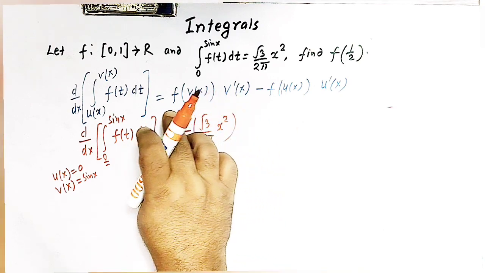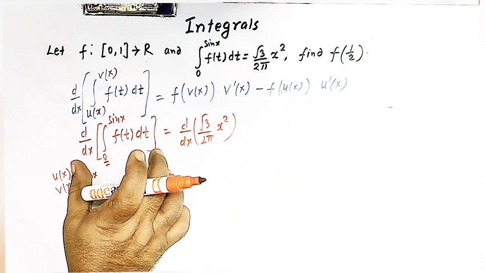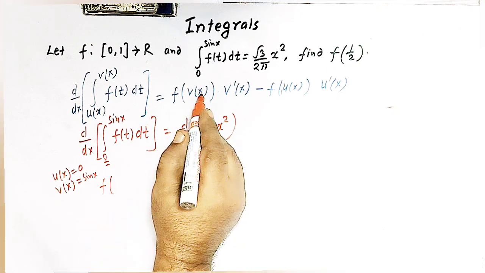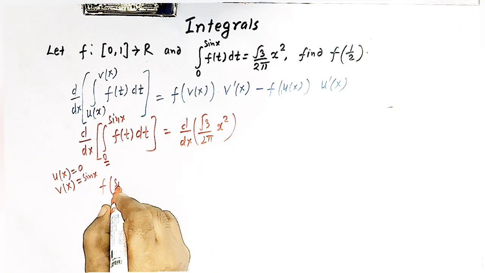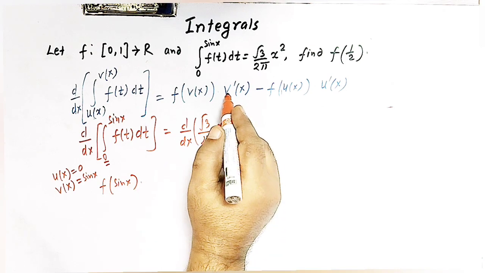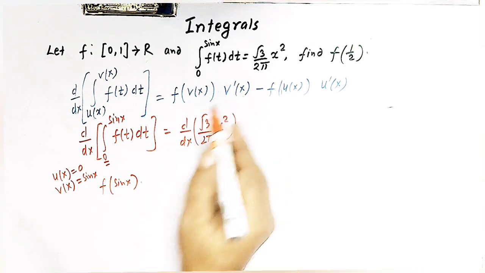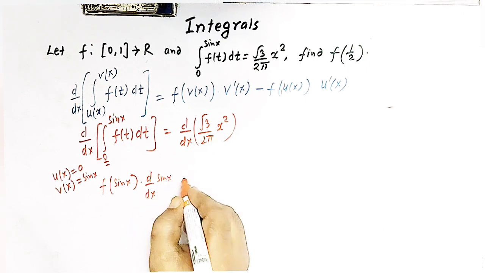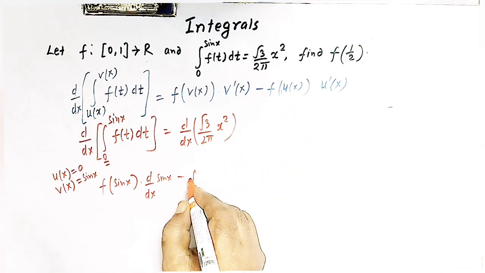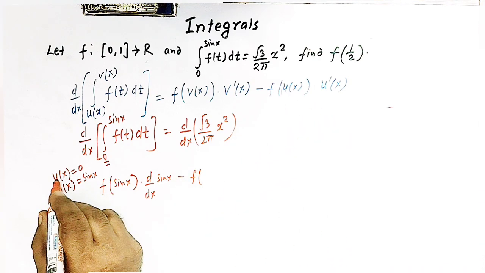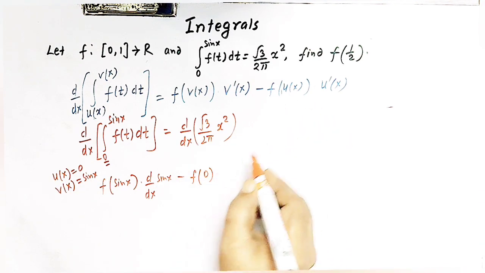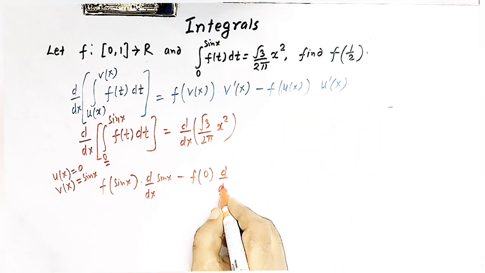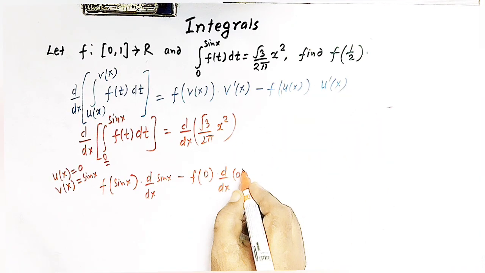If we apply this rule, then the left hand side can be written as f of v of x, where v of x is sin x, and then we differentiate v of x with respect to x, so we have d by dx of sin x. Then we have the negative sign, then f of u of x, where u of x is 0, and then d by dx of 0.